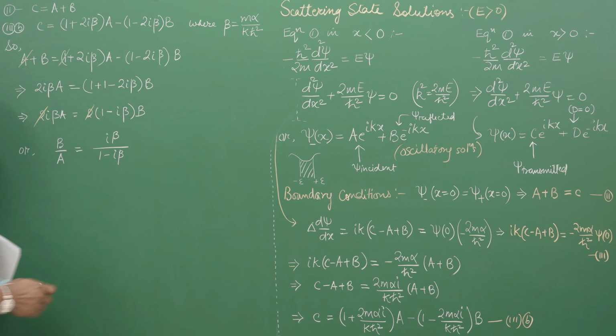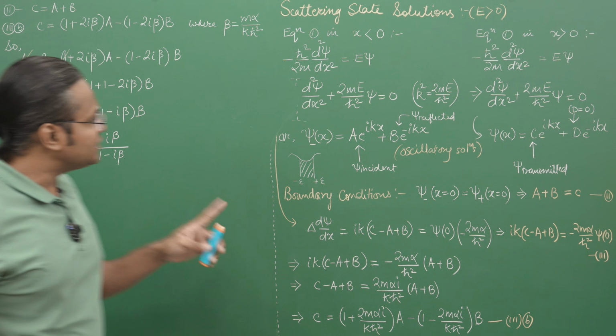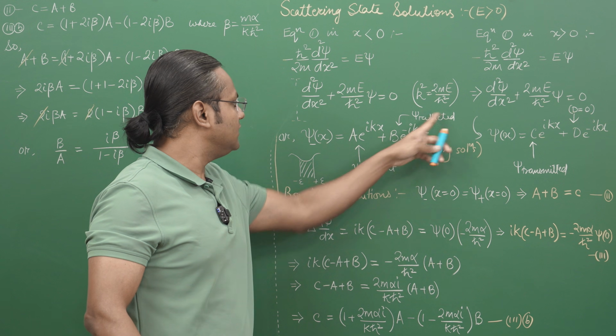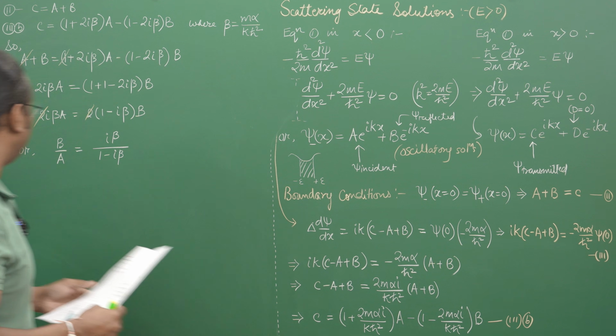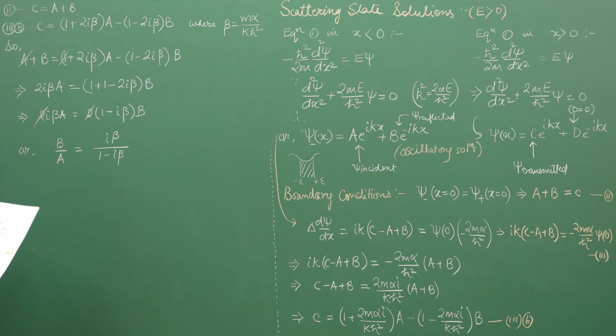Now why is this ratio of b upon a important? Because this will give us an idea about the reflection probability, b upon a, the reflected wave upon the incident wave. Okay. So if I have b upon a, which is this, then the reflection probability is quite simple, right?